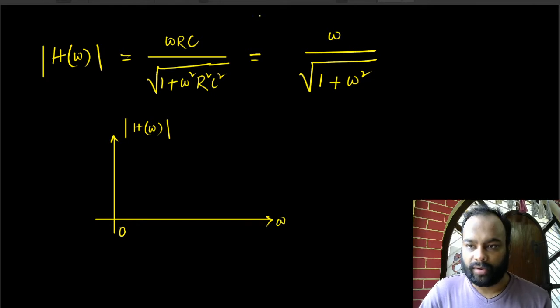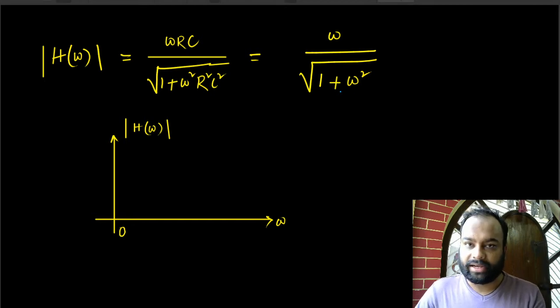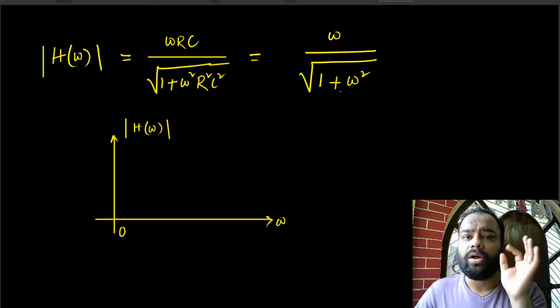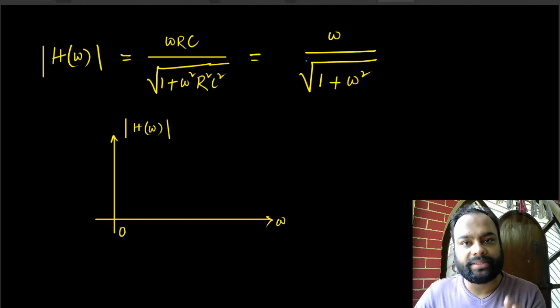So when the frequency is 0 or very, very low, the amplitude response is 0. This system does not allow DC signals to pass to the output, right? Zero frequency signals means DC signals. If the frequency is very close to 0, this amplitude gain would be nearly 0.